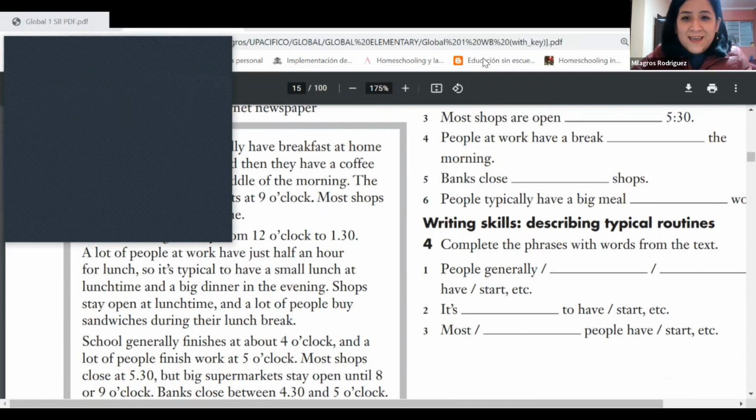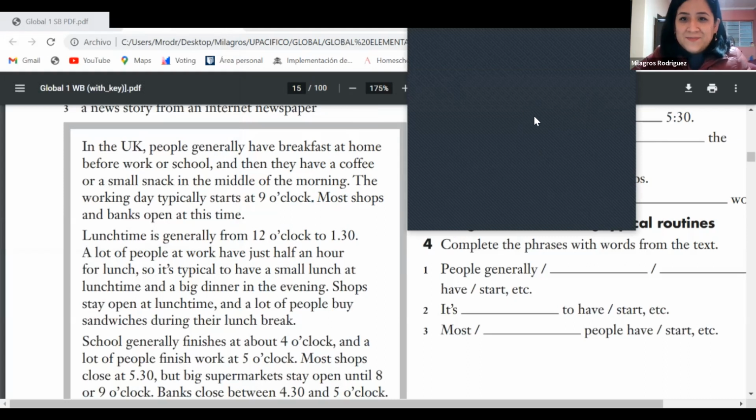Lu, vas a leer el primer párrafo. ¿Quién más? Nobody else. Ok, Milly Rodríguez, the second paragraph. ¿Quién puede leer the third paragraph?